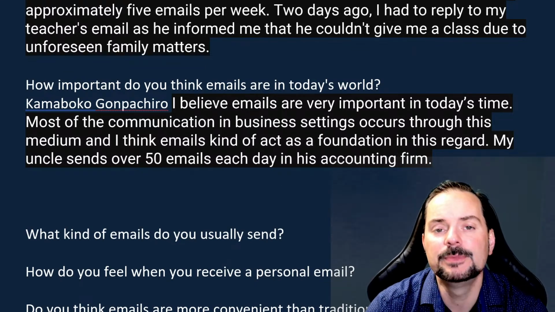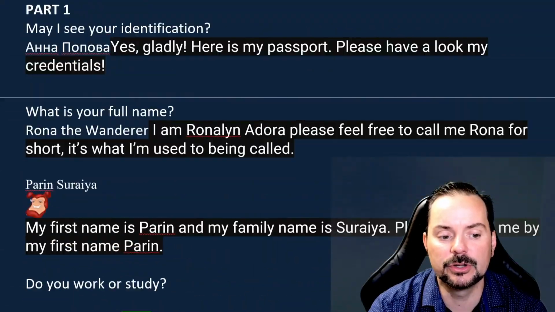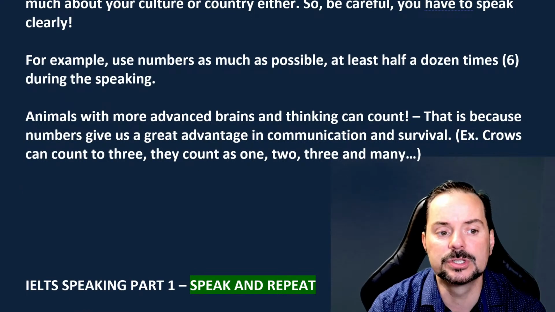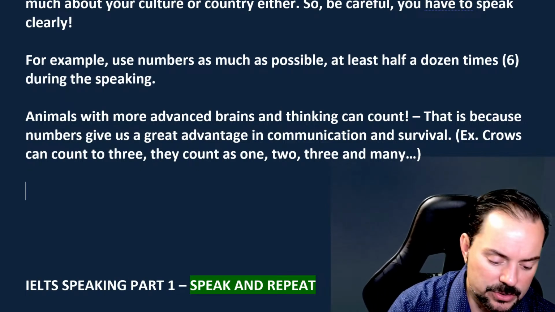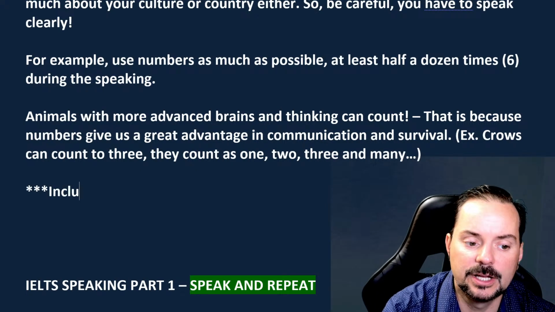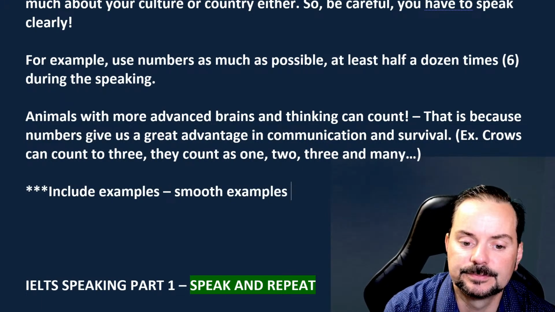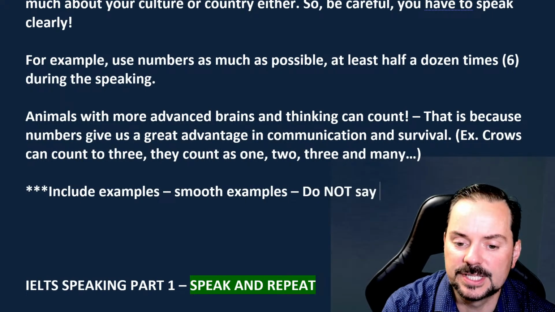So you're getting there. Students, remember that tip that I always give you, and I know some of you are newcomers, so I'm going to give it again. Numbers and examples. Those are the parts that a lot of students forget about. Those are the parts that you need to remember. So include examples, smooth examples. Just say it. Don't say, for example.